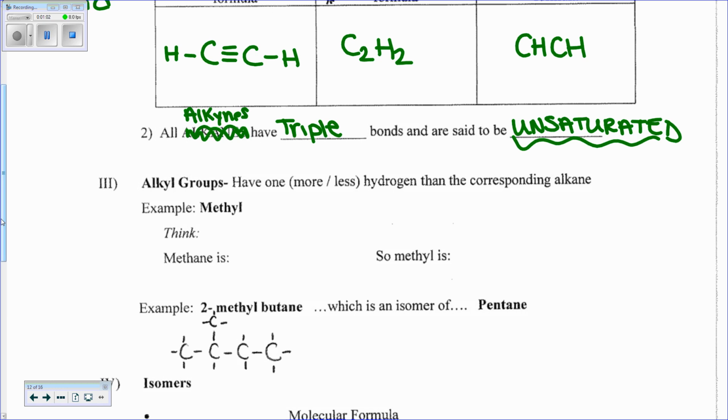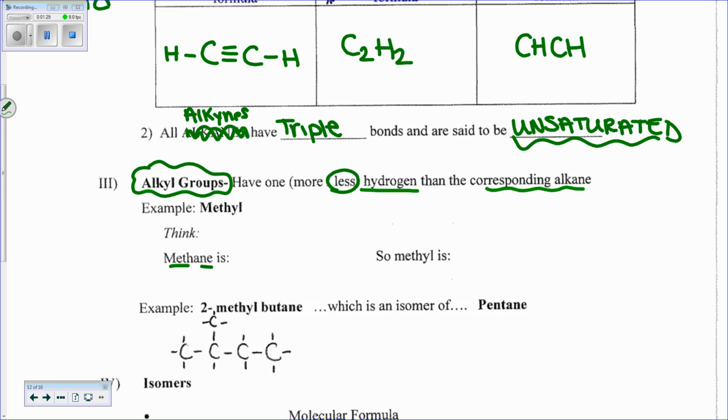So let's start here with our alkyl groups. Now, alkyl groups are actually a little bit special, and they have one less hydrogen than the corresponding alkane. So, for example, think about methane.